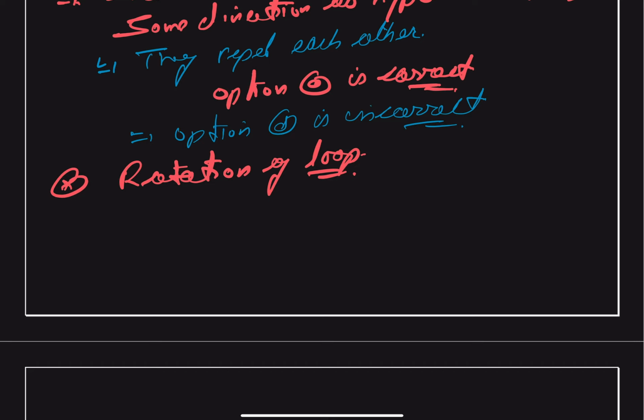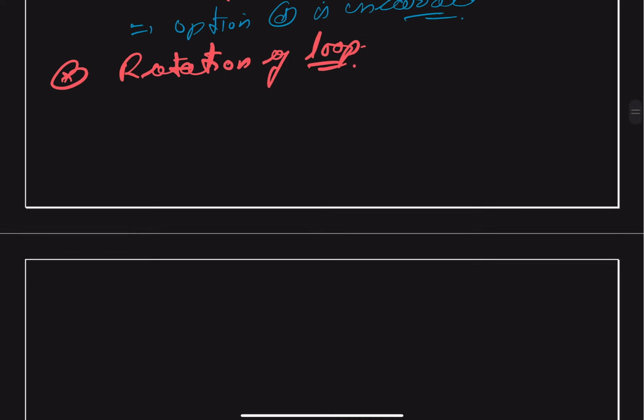The flux linkages do not necessarily change periodically. If there is no periodic change of the flux linkages, then we cannot claim that the additional EMF will be mu naught upon pi.